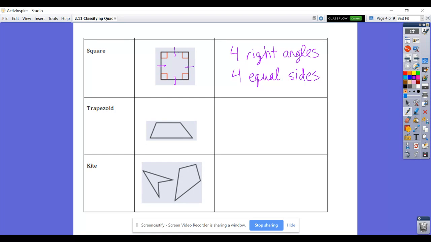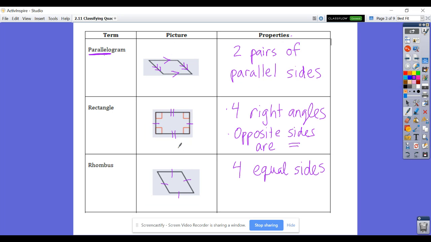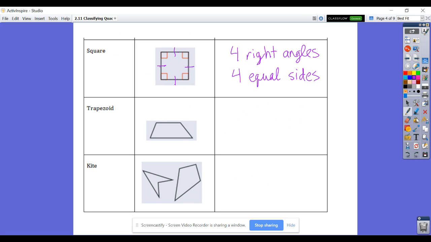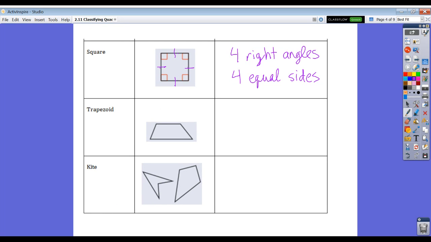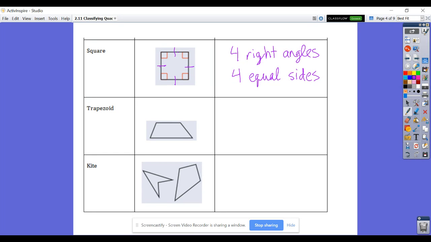But if we look at a rectangle, we said a square had to have 4 equal sides. So does a rectangle have 4 equal sides? No. So a rectangle is not always a square. So I always found that really interesting about geometry. A square is always a rectangle, but a rectangle is not always a square. I hope I blew your mind with that one.